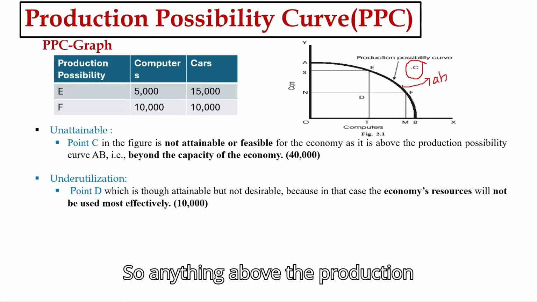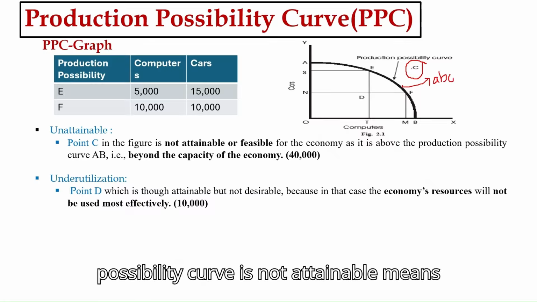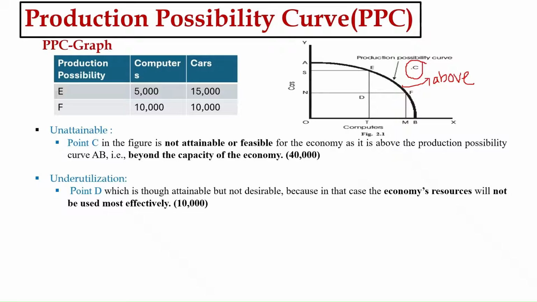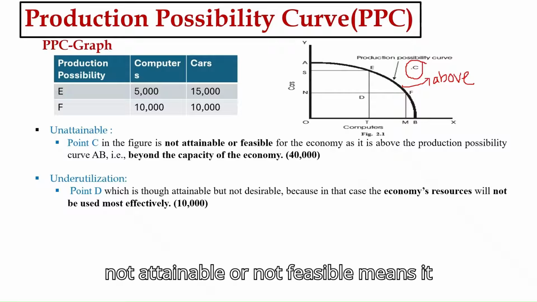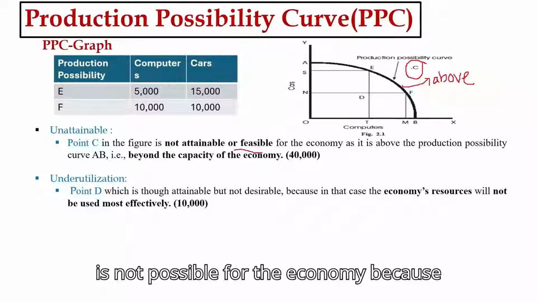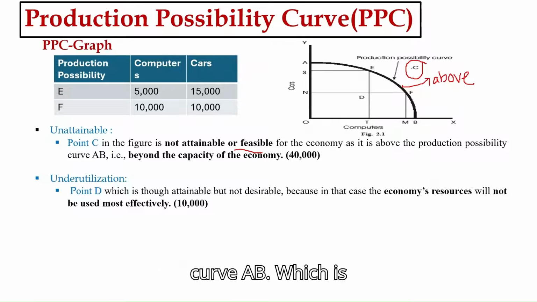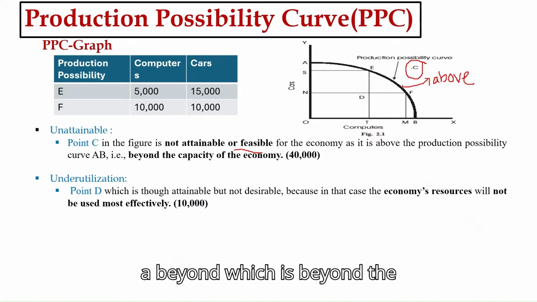Anything above the production possibility curve is not attainable, it is not possible, it is not feasible. So point C is not feasible for the economy because it is above the production possibility curve AB, which is beyond the capacity of the economy.